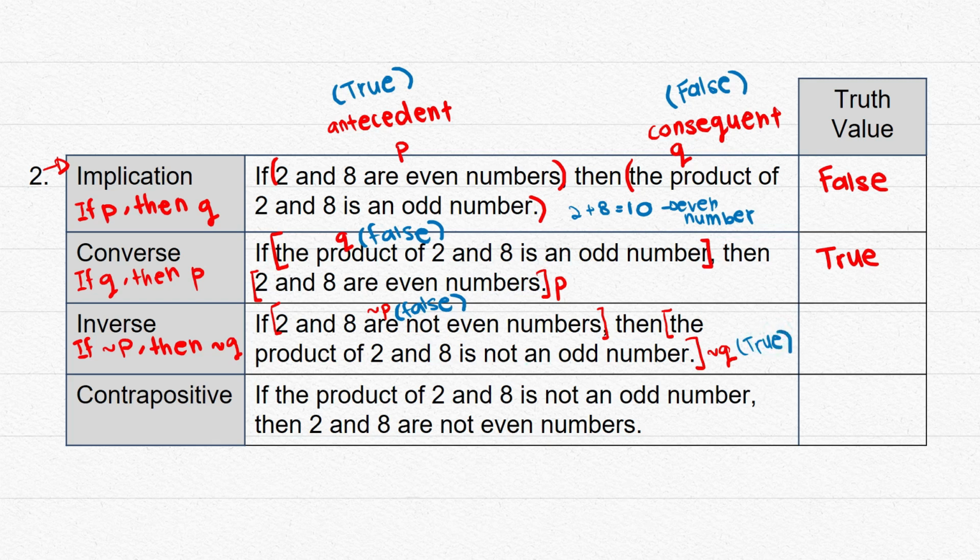Right here, for the inverse, tilde P is the antecedent. The antecedent is false and tilde Q is true. Will this whole inverse be true or false? Which rule do you apply in this situation?